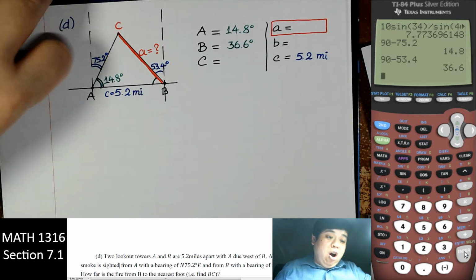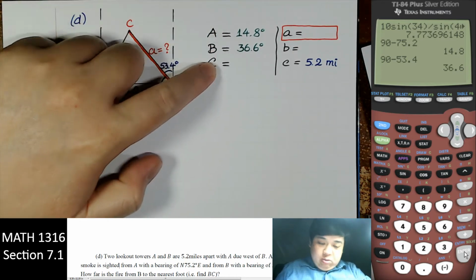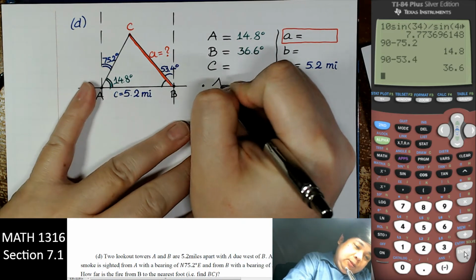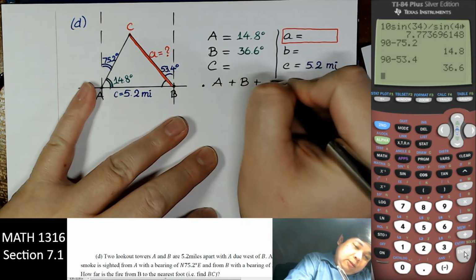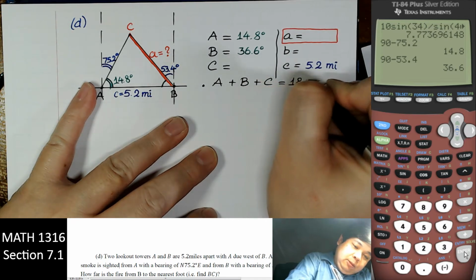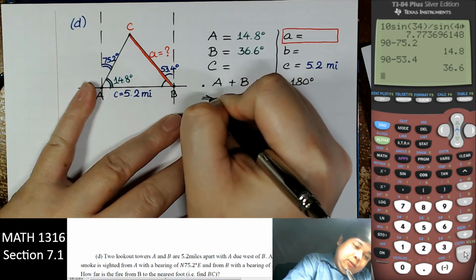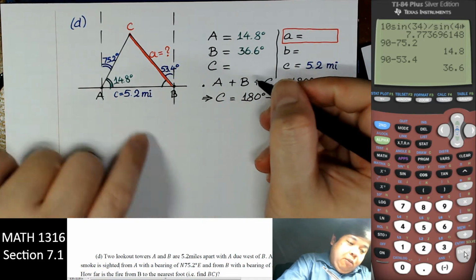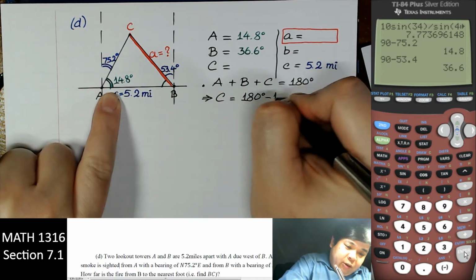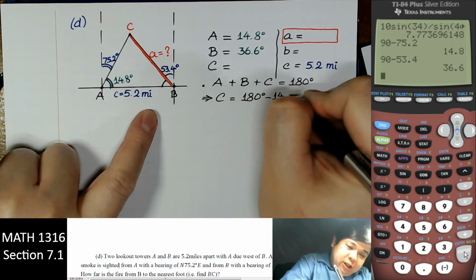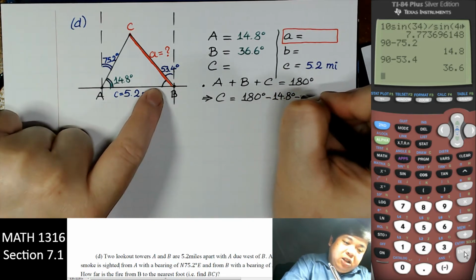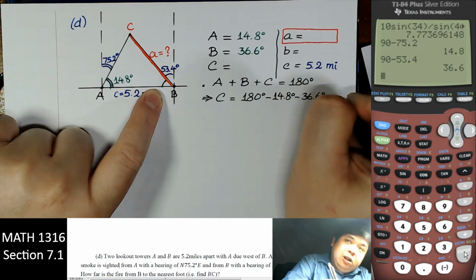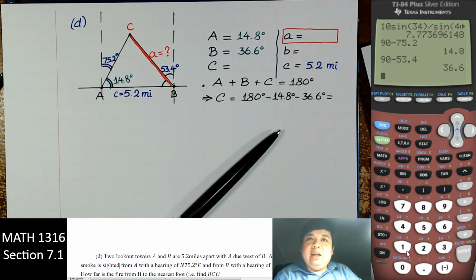However, this should be obvious when we know two angles: find the last one. 180 degrees minus angle A, 14.8, and minus angle B, 36.6.